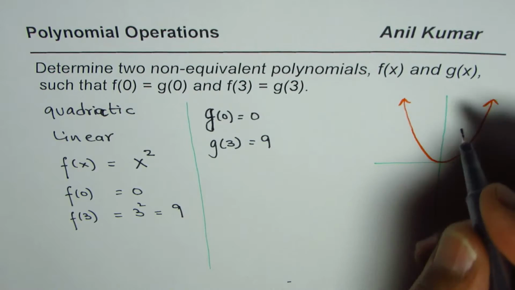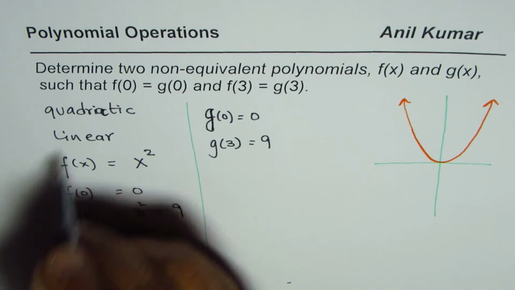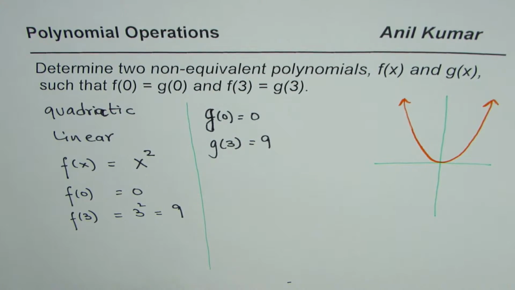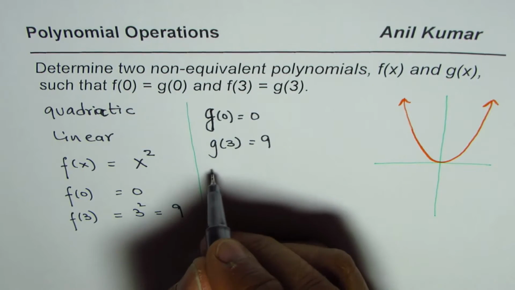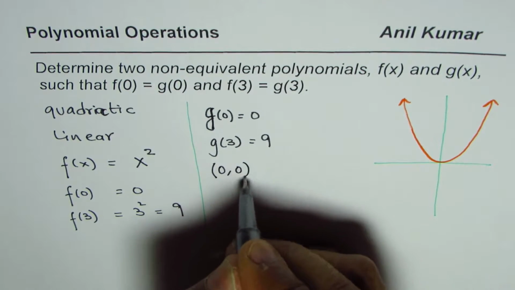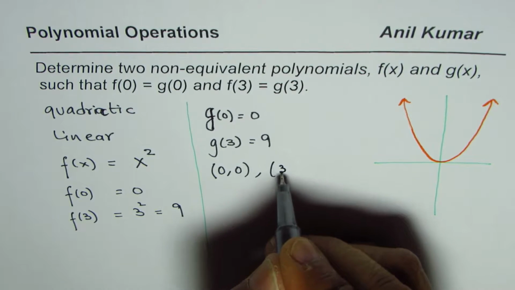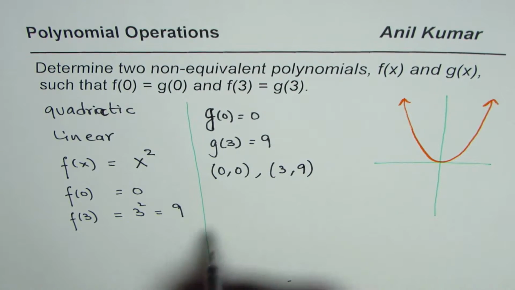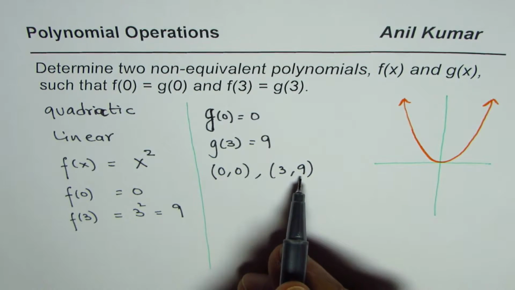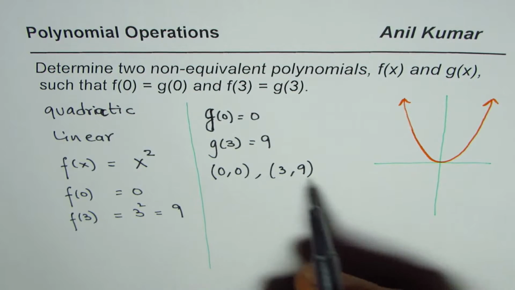So 2 points, right? So we are considering that to be a linear function. That means for a linear function we have 2 points, (0, 0) and (3, 9). So we have to write the equation of a linear polynomial passing through these 2 points.